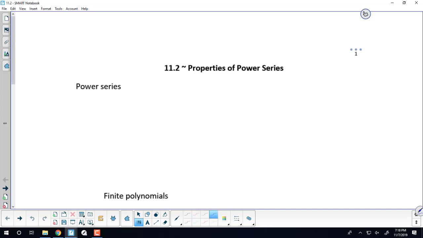So a power series is an infinite series. We'll use, I guess, k. It's an infinite series with some coefficient c sub k times (x minus a) to the k.